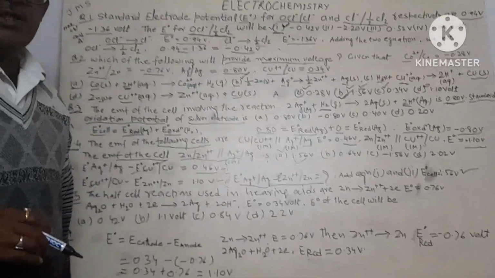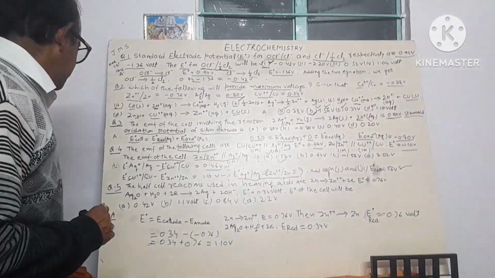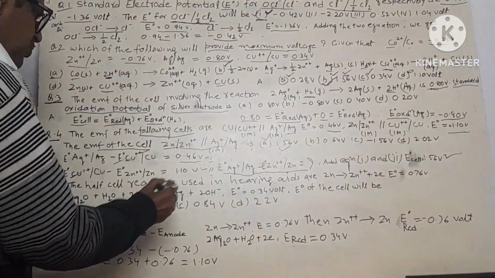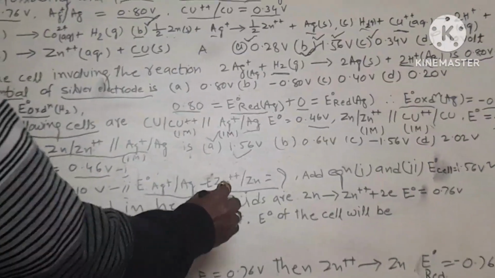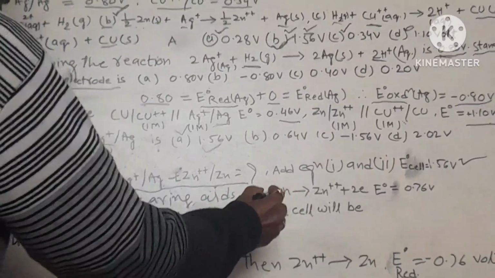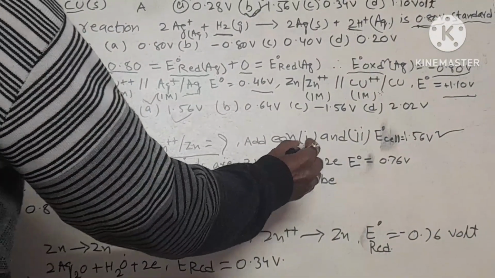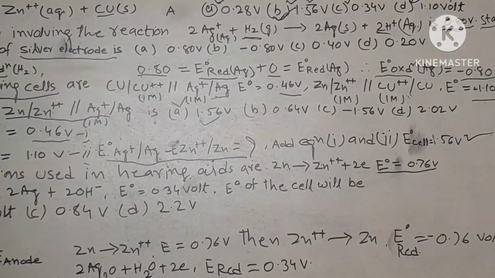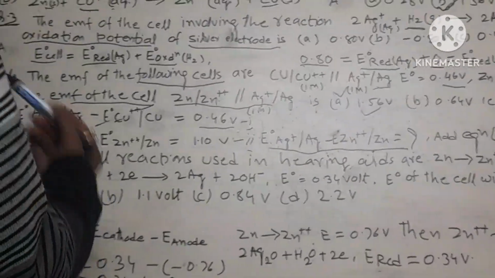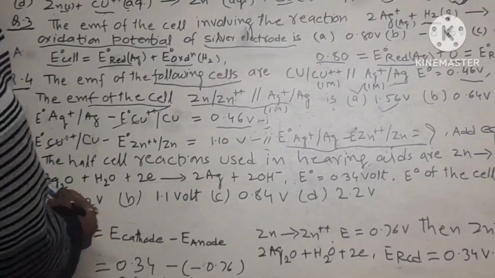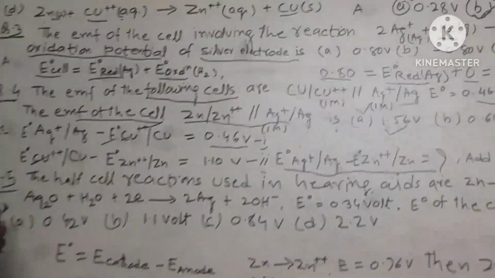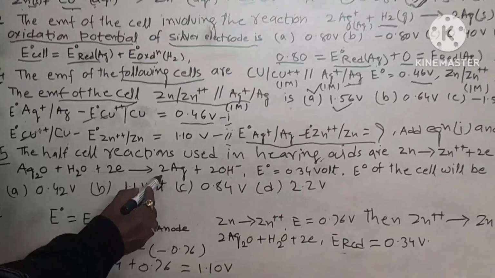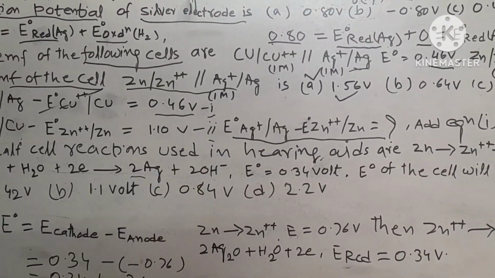Now one more question I want to discuss. Question number 5. Now I am reading. The half cell reactions used in hearing aids are: Zn is converting to Zn ion plus 2 electrons, and its potential is given as 0.76 volt, and the other electrode is silver: Ag2O plus H2O plus 2e gives 2Ag plus 2OH minus.